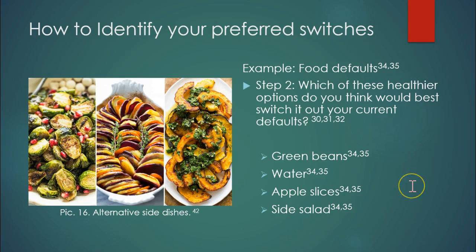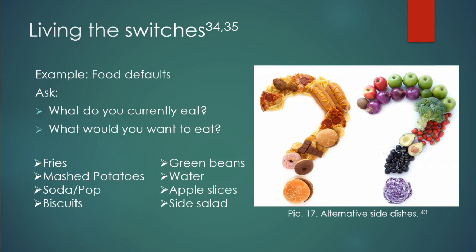The foods listed on this slide are green beans, water, apple slices, and a side salad. Now the question is how to make these switches happen. So you had your fries, and now you have these healthier fries, but how do you make sure that you're choosing these healthier options? Well, that is on living the switches.